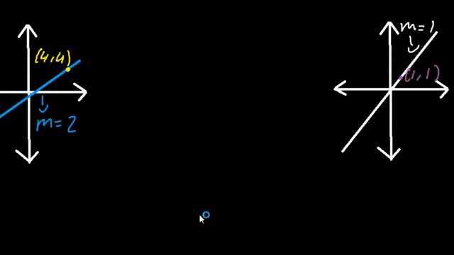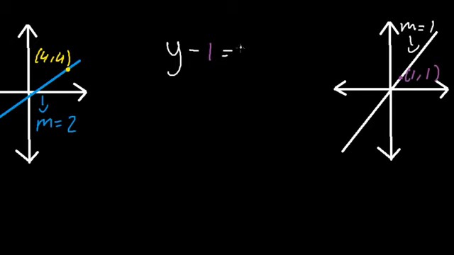So let's do it the way we just did. So it'd be y minus, well, what's y1? Well, that's this 1 over there. That's just 1, which is equivalent to m. m is just 1.